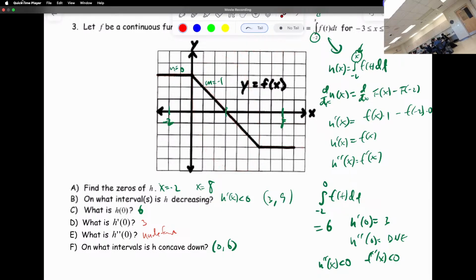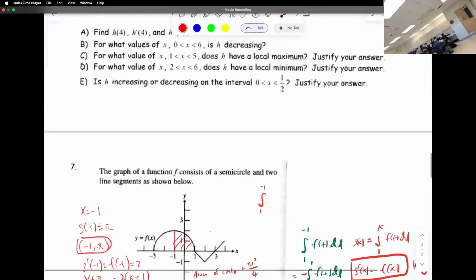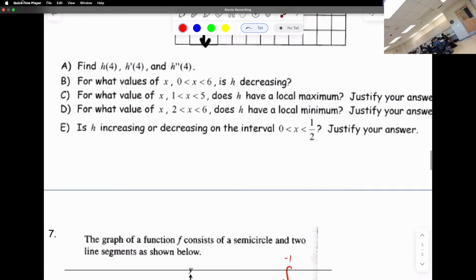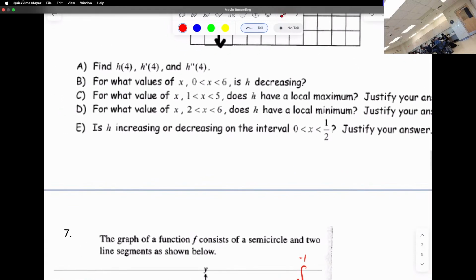All right, so I want you to try a couple of questions. The first question I want you to try is 7. This is the actual exam question from the test before. 7 is a good question. Question 7.